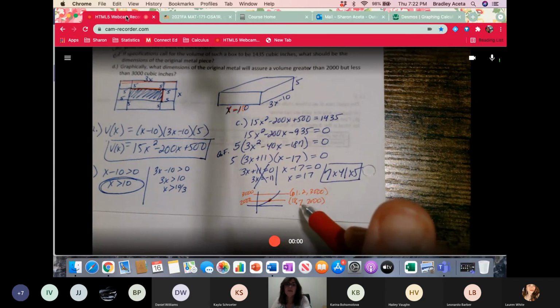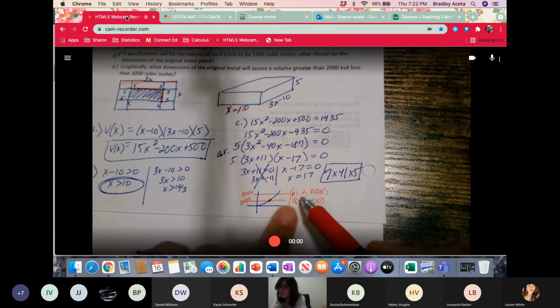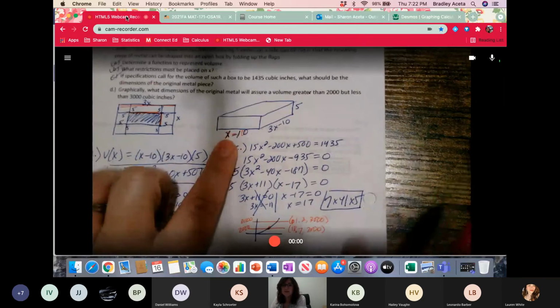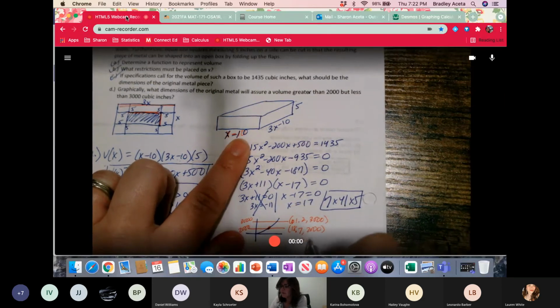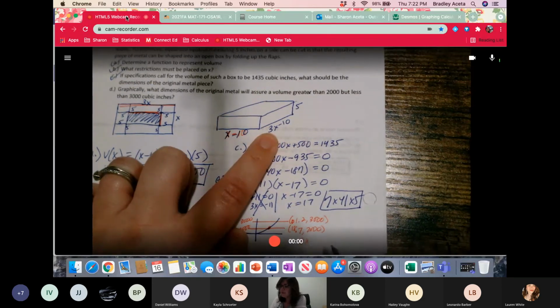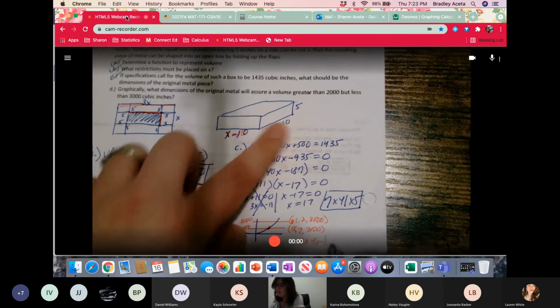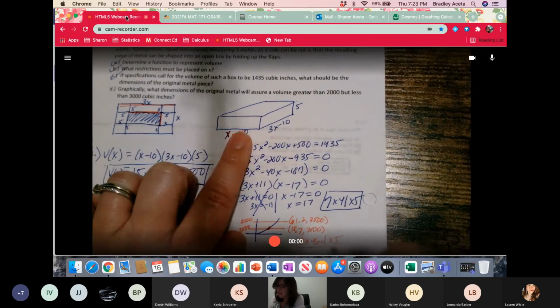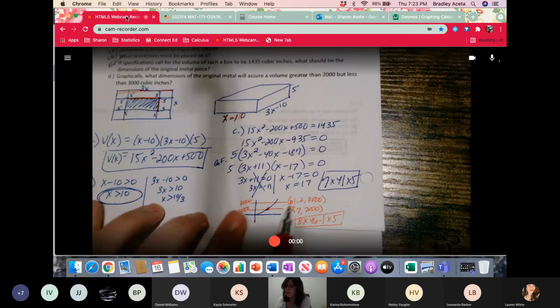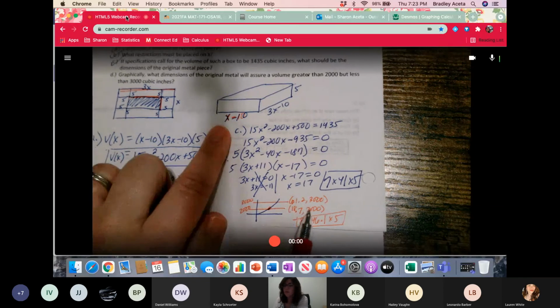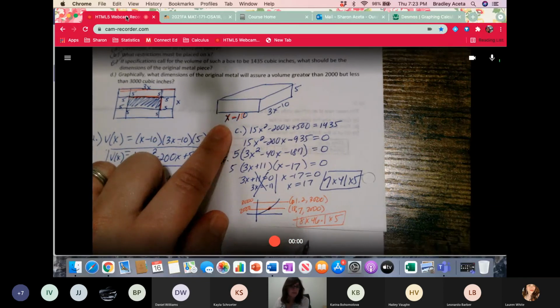Those are the x's. So you actually would have to plug this in for x. 18.7 minus 10 would be 8.7. And then 18.7 times 3 minus 10. So that's 46.1. And then a 5. So anything bigger than 8.7 by 46.1 by 5, and then less than, you'd have to plug 21.2 in the same exact way.